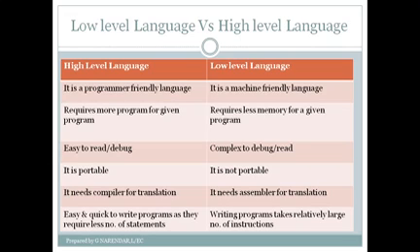Coming to low level language, writing programs takes a lot of instructions, it is very complex to debug, and it is also not portable. That means programs written for one machine cannot be executed by another machine.